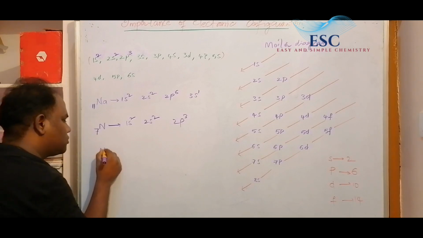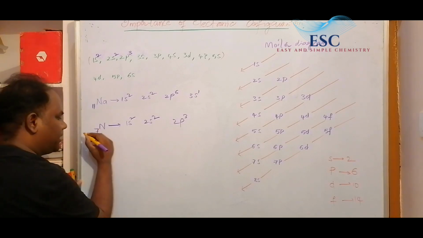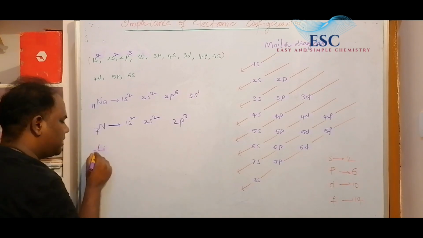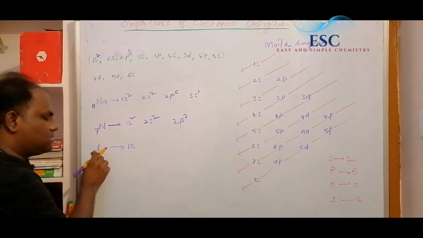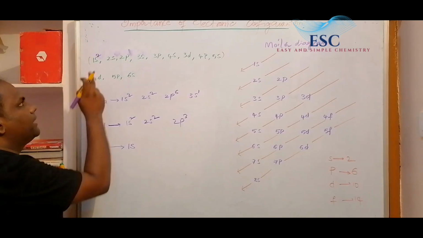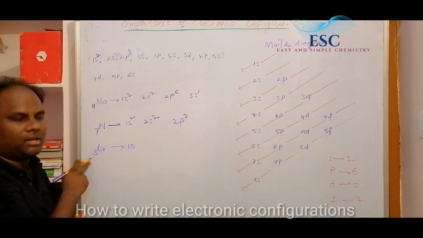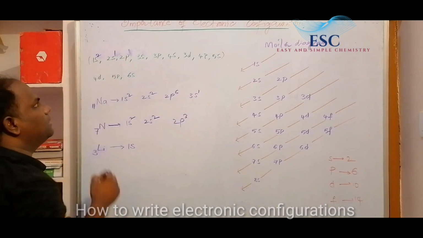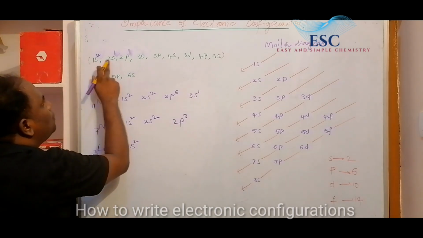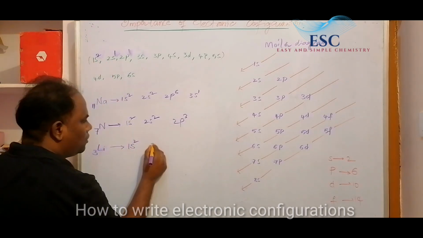Sodium is already completed. Then lithium, simple. The atomic number of lithium is 3. We split this 3 into the orbitals. In the s orbital 2 are completed. How many electrons remain? 1, which goes in the s orbital. So it is 1s2, 2s1.